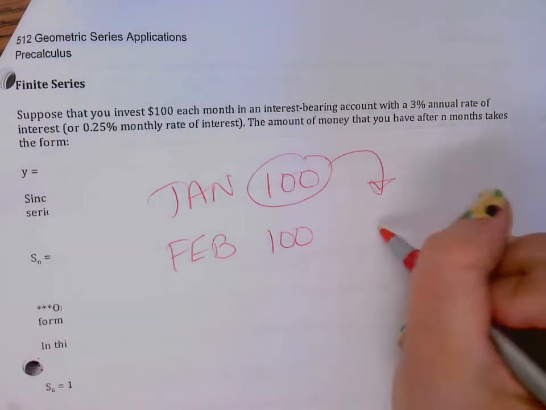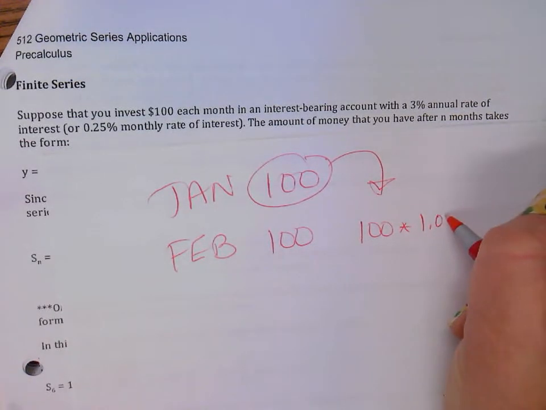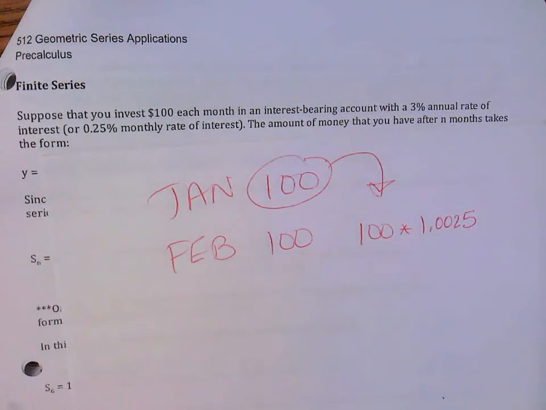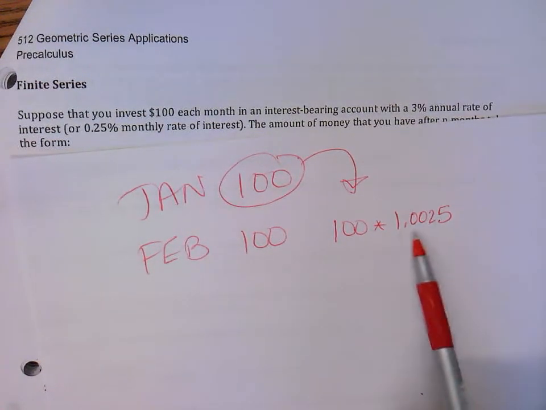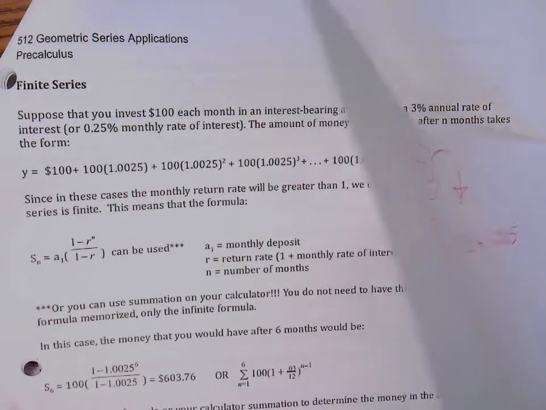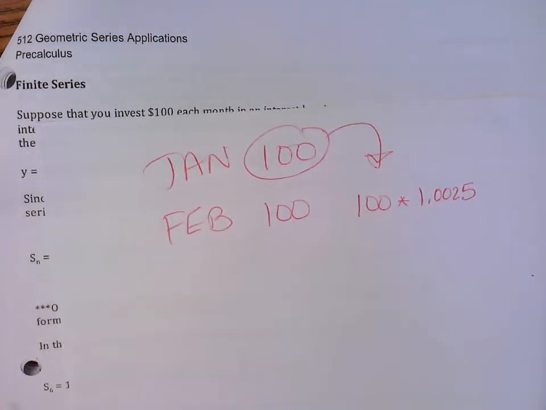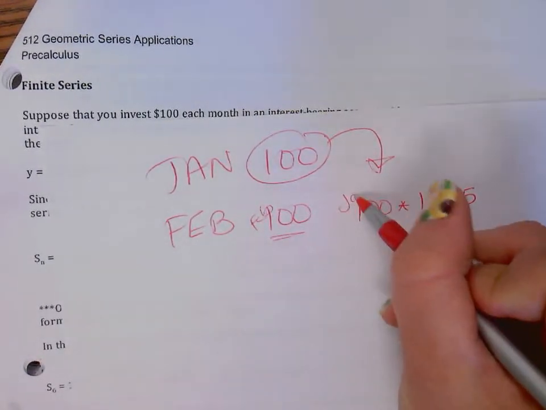So this times 1.0025, because that would be your 0.25%. I don't get 2.5% interest, I get 0.25%, which is what they're showing you in this pattern. So this is February's money. This is actually January's money that just got interest.